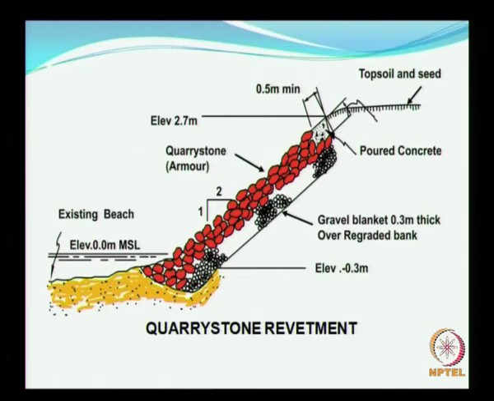There are several instances along our coast of this kind of failure, particularly along the Kerala coast. We have noticed a number of structures, and this was during the tsunami.